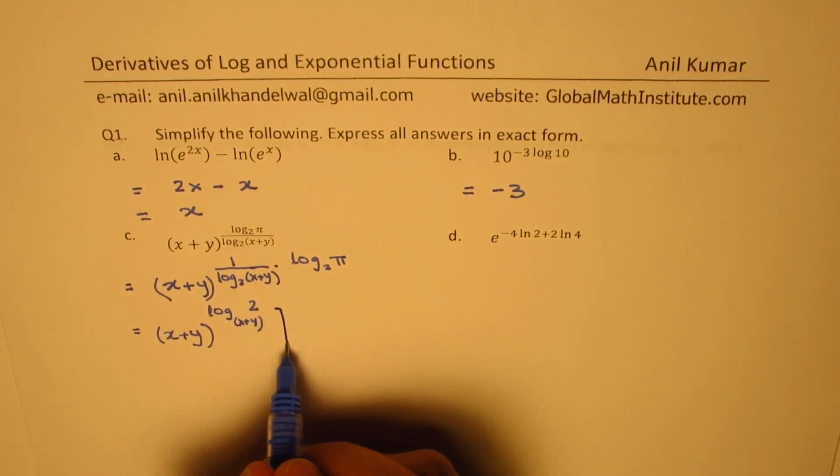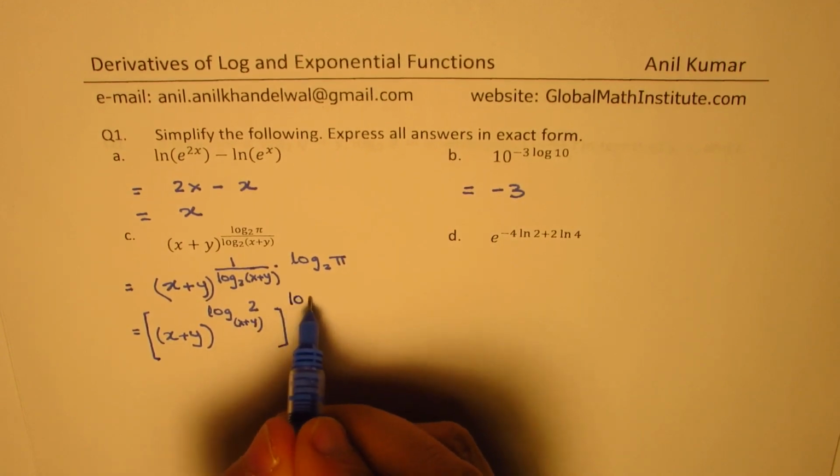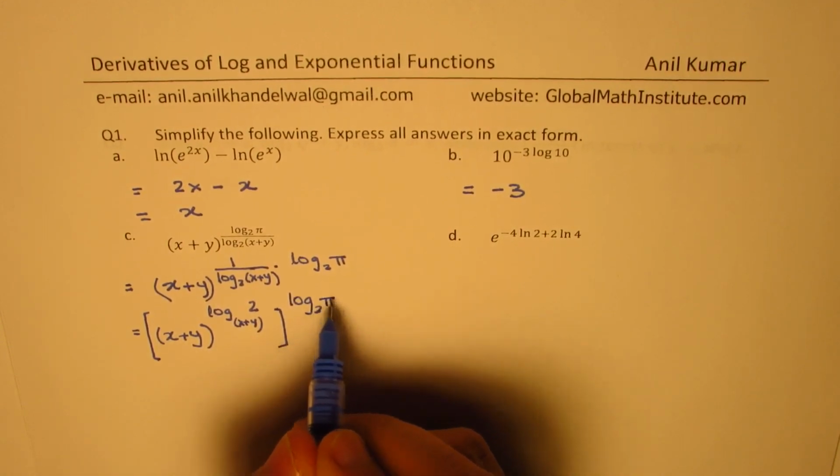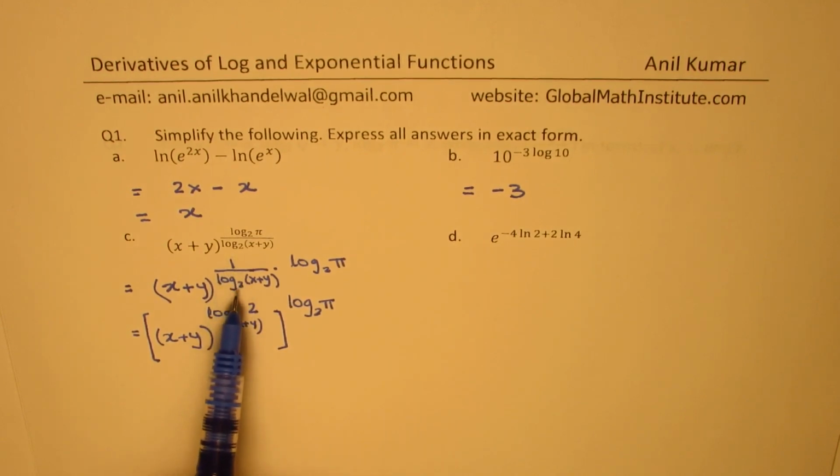So we could also write this as everything to the power of log of 2 pi. Does it make sense to you? So what we did was that the first exponent we interchanged, and wrote the reciprocal rule. Let me tell you what we have done here.